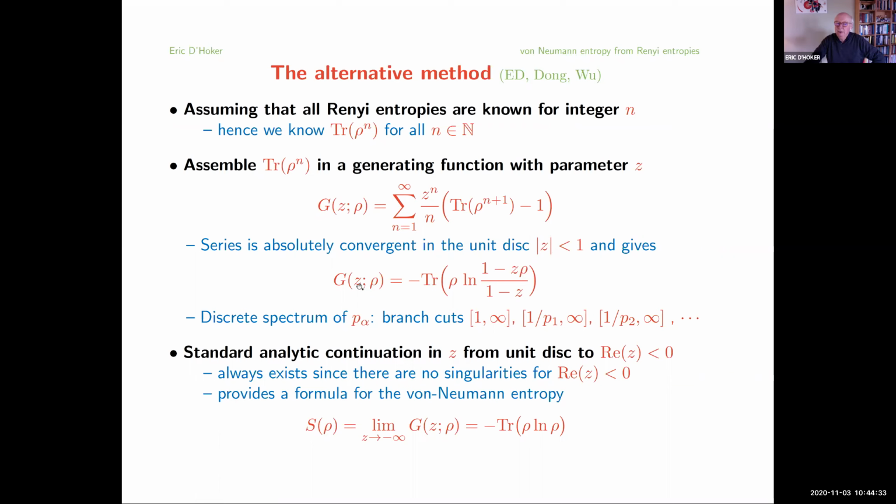I mean, your question could be, could I view G, the entire generating function, as a measure of entanglement? And I think the answer to that is yes, because in fact it interpolates in a way between the von Neumann entropy at infinity and then, in its expansion, the Renyi entropy. But it would itself not satisfy additivity or subadditivity properties.